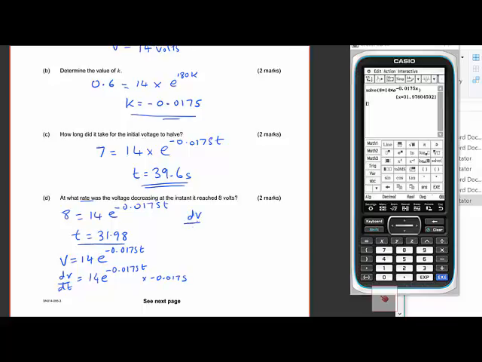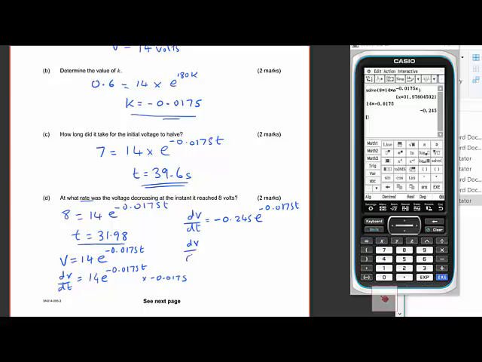So that's going to be 14 multiplied by that, negative 0.245 e to the negative 0.0175 t.